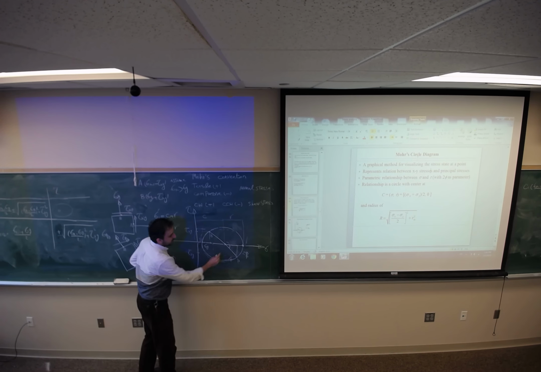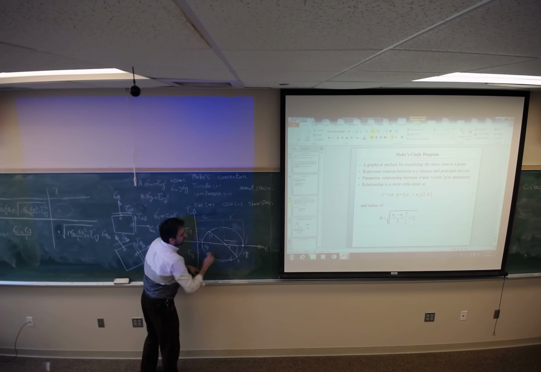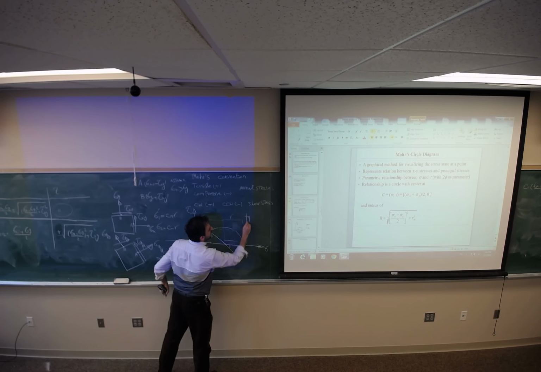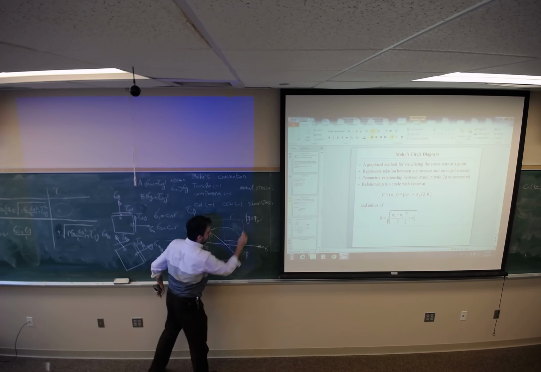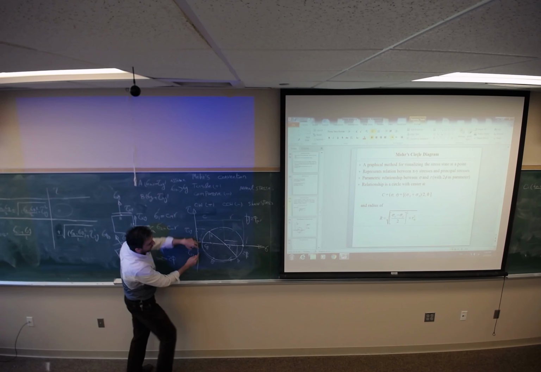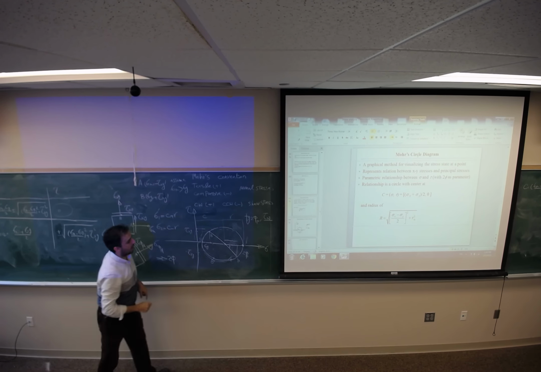So the tangent of this angle is going to be this length divided by this one. So the tangent of 2 phi p is this, which is tau xy, divided by this length.